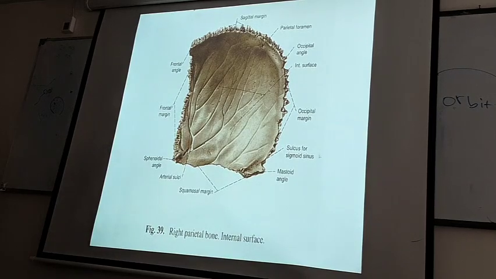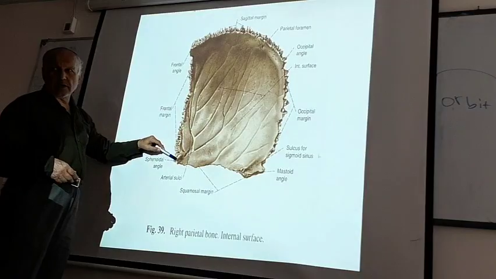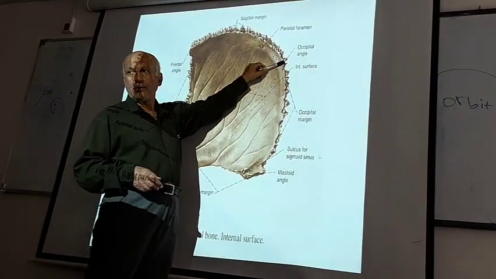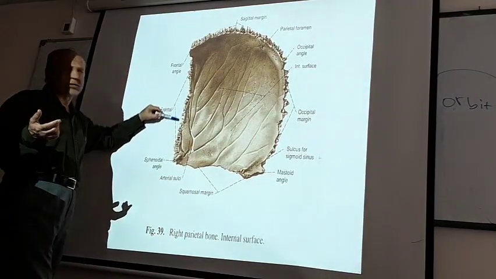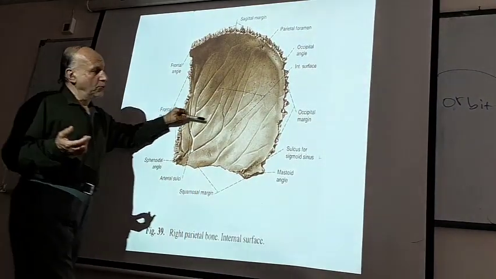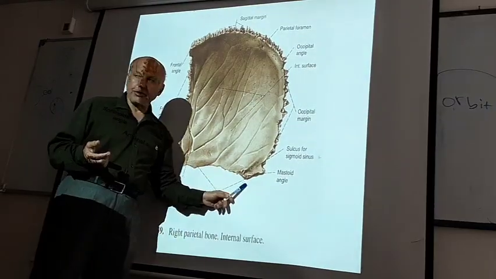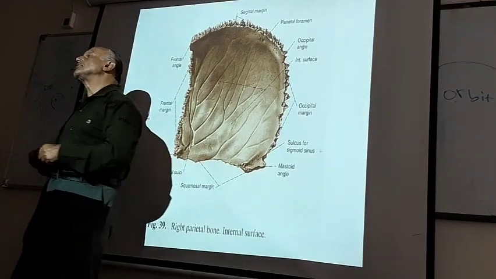Here is the frontal angle, sphenoidal angle, mastoid angle, and occipital angle. But for the margins: anterior margin or frontal margin, posterior margin or occipital margin, inferior margin or squamosal margin, and superior margin or sagittal margin.